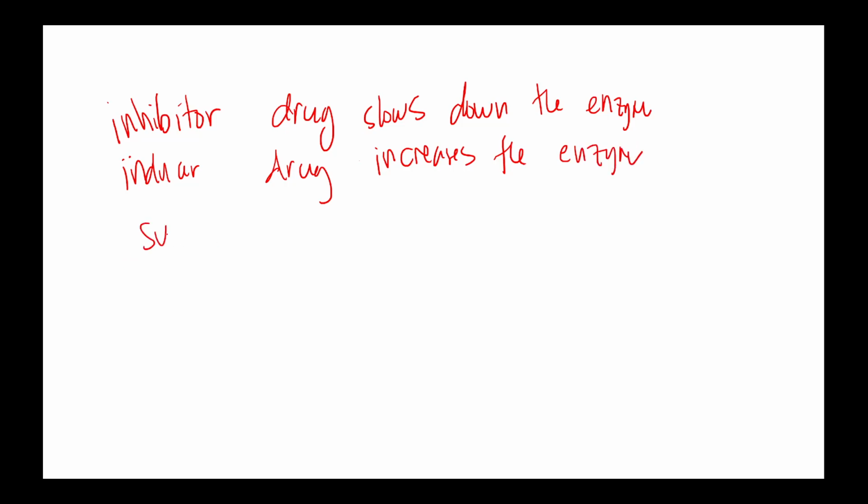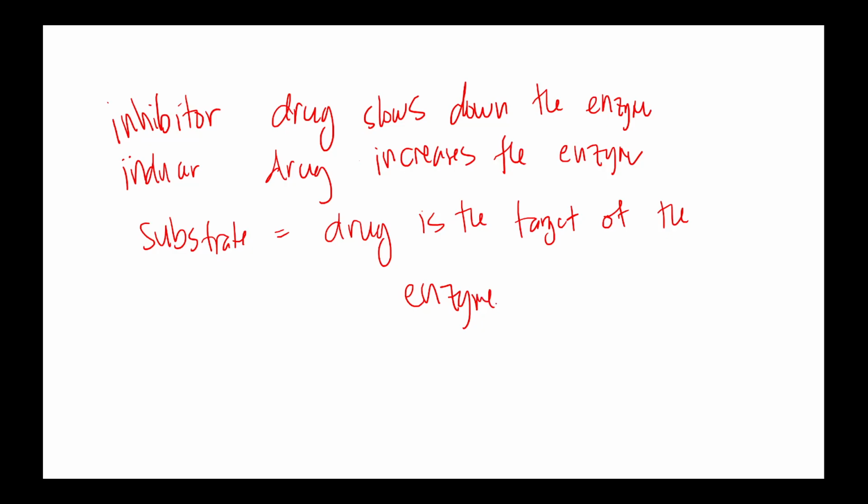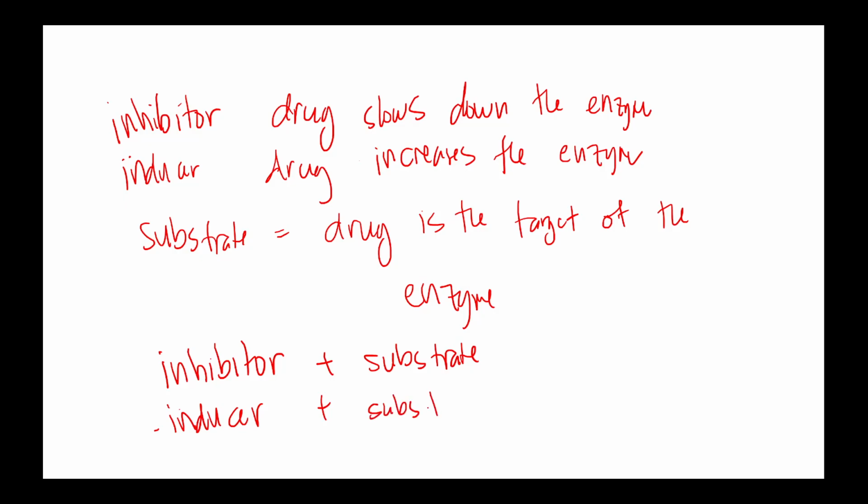And when we have substrate, your drug is the target of the enzyme. So typically, drug-drug interactions is you have an inhibitor drug plus a substrate, or an inducer drug with a substrate. Remember that the substrate is the drug that is affected.